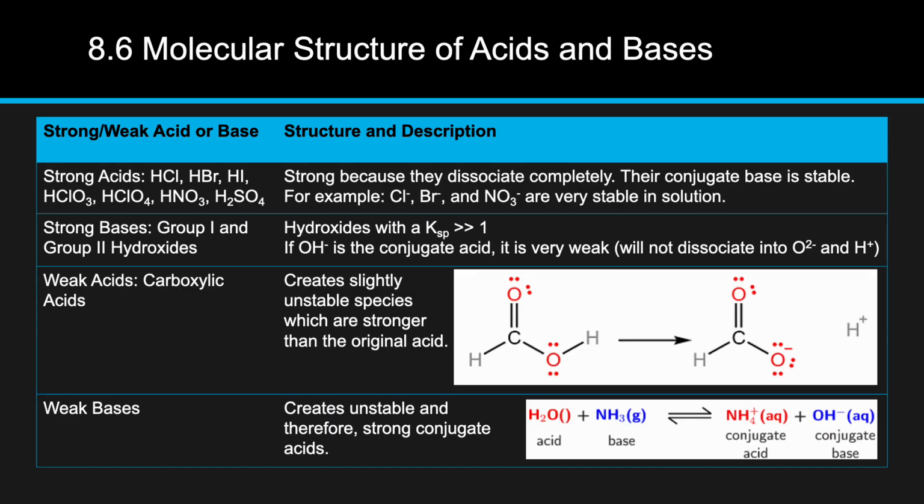Weak acids such as carboxylic acids only partially dissociate because their conjugate bases are only moderately stabilized, and they're moderately stabilized because of resonance. So equilibrium does not go to completion. Weak bases form relatively stronger conjugate acids, and overall the key idea is that greater stability of the conjugate base or acid leads to weaker reactivity, and this balance determines whether a substance is strong or weak.